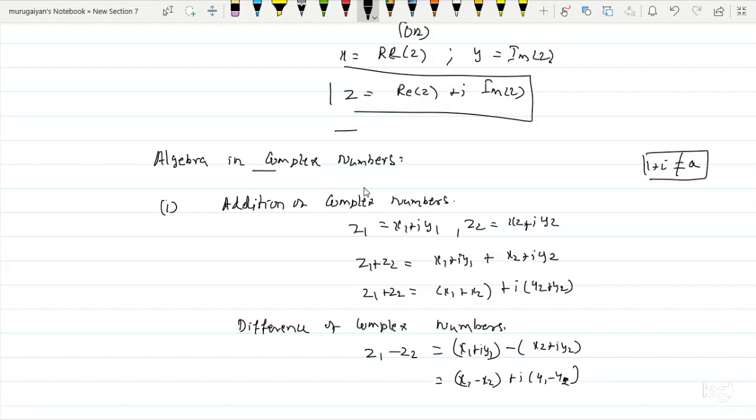So the difference of the real parts and the difference of the imaginary parts is the difference of two complex numbers.